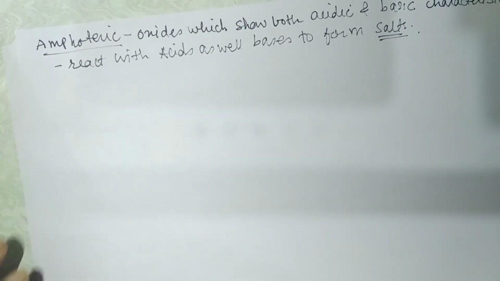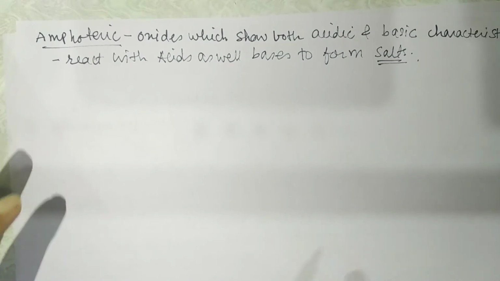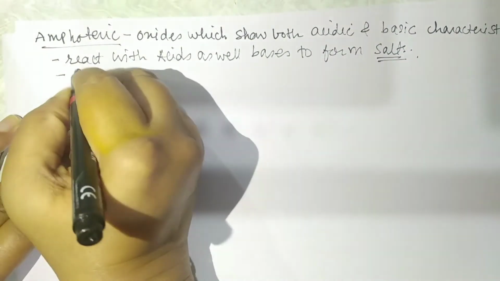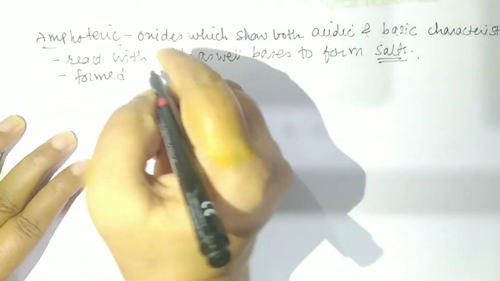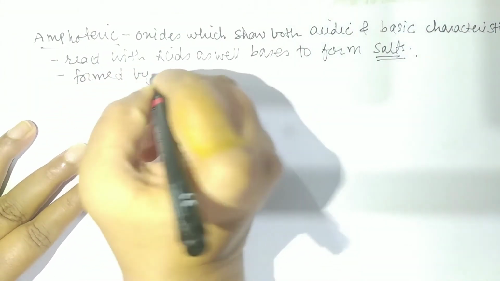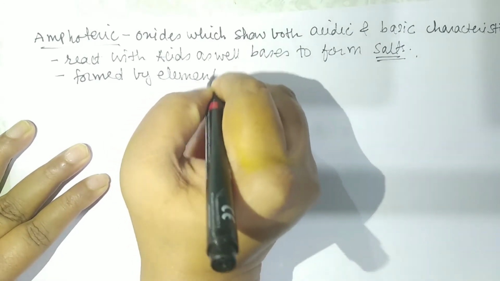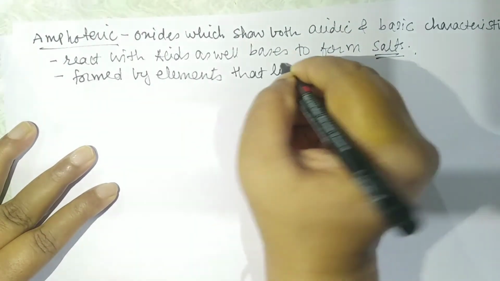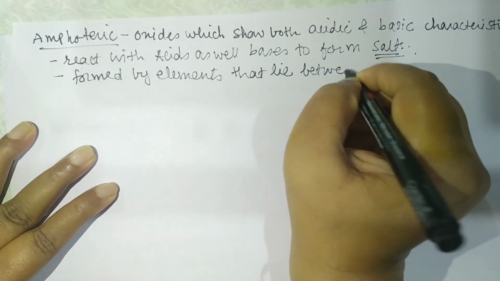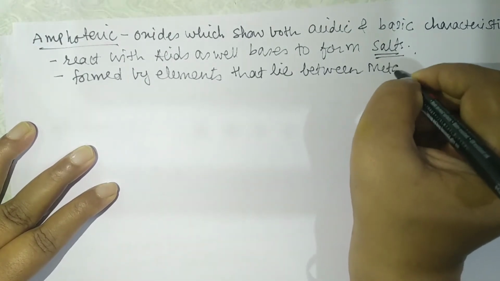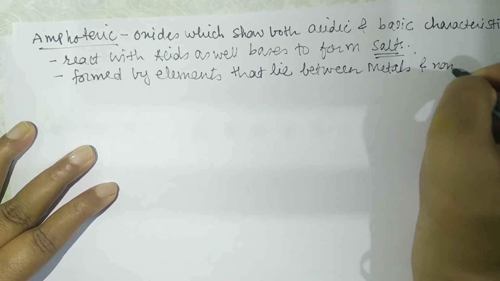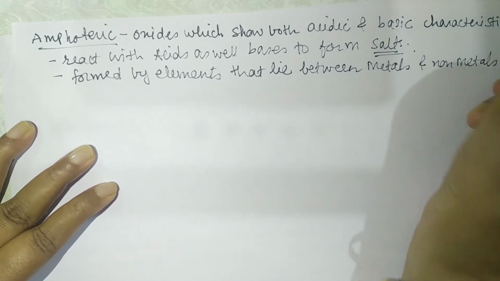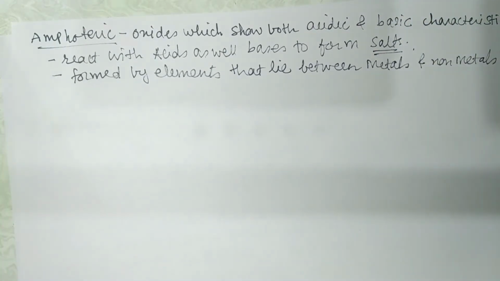They are formed by elements that lie between metals and non-metals. So this is about the amphoteric oxides.